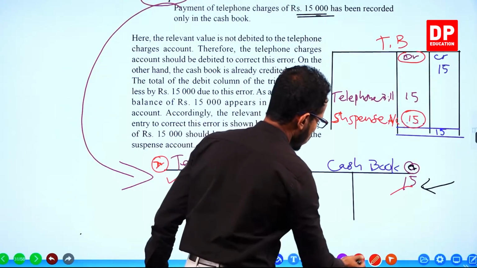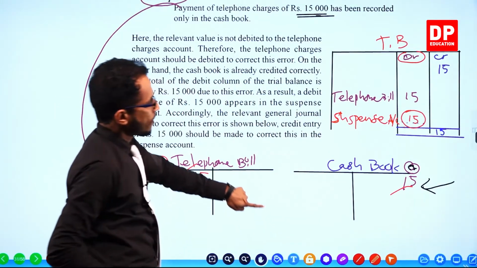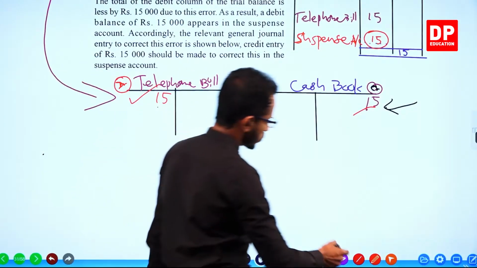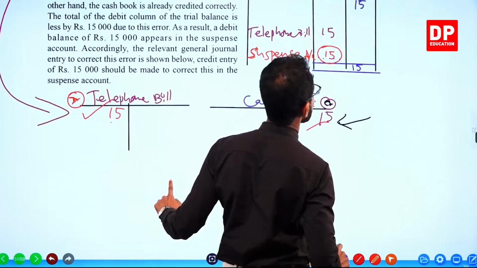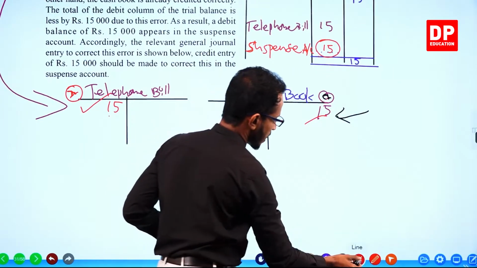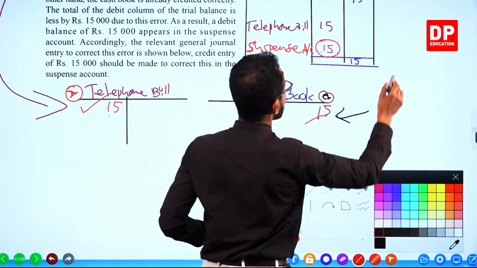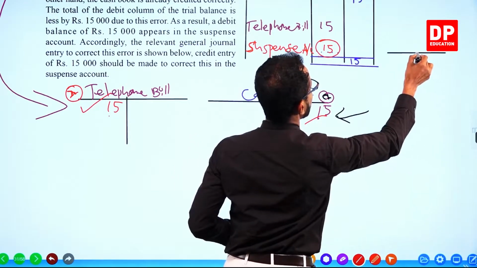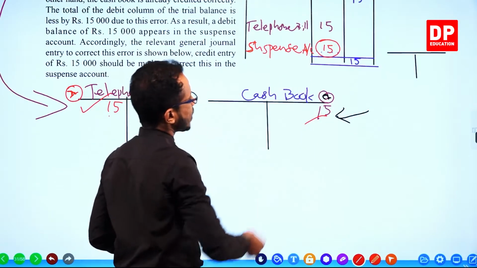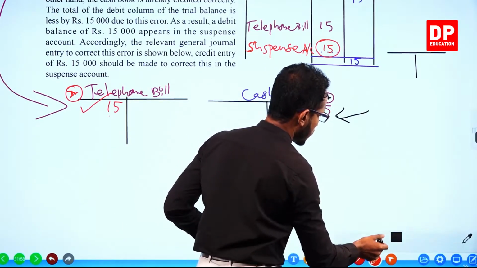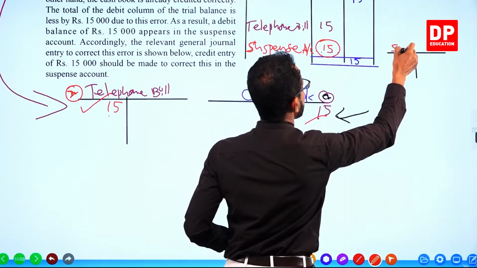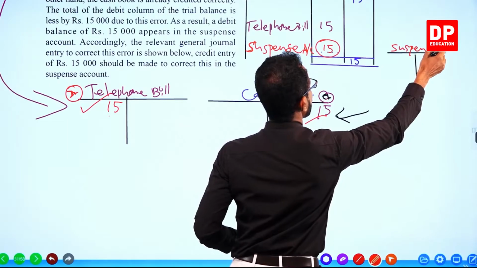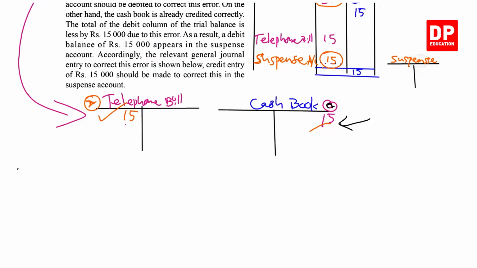Suspense account credit, because children, when this 15,000 was entered in the trial balance, we recorded that shortage in a suspense account.